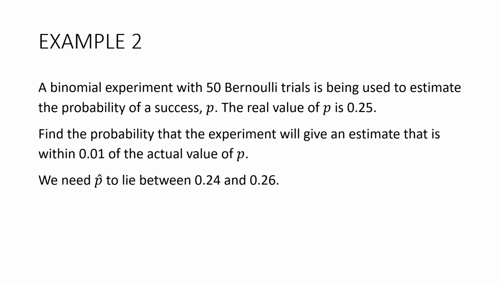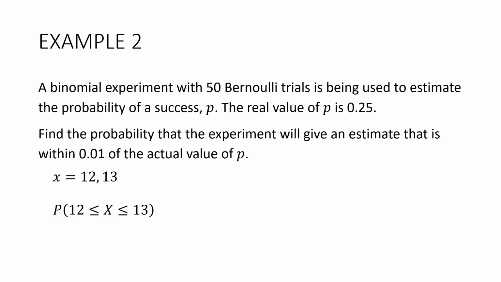Now we've got 50 Bernoulli trials here. So remember p-hat is equal to x over 50. So we would like x to either be 12 or 13. So out of our 50 Bernoulli trials, we would like 12 successes or 13 successes. So this is what we want, the probability that x lies between 12 and 13, including 12 and 13.